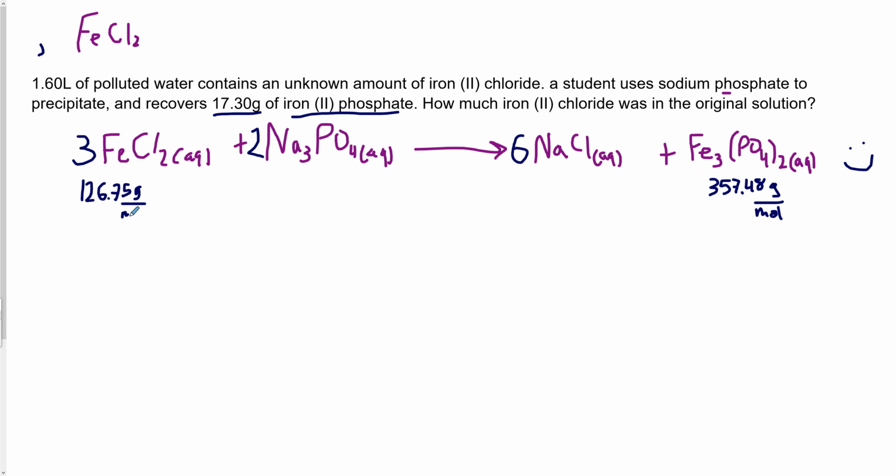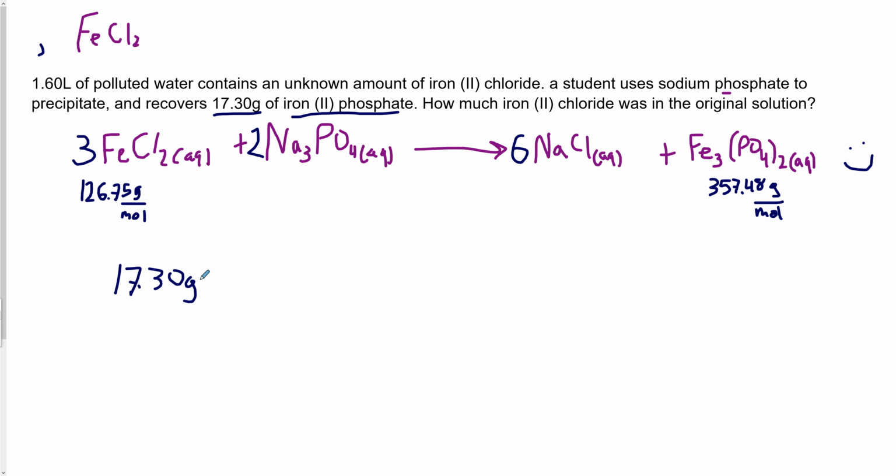So our job is this. We find out how many moles of iron phosphate we made. We've already got grams of iron phosphate. So there's my grams of iron phosphate.